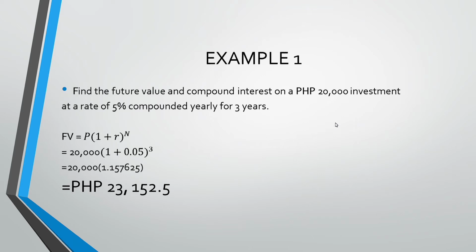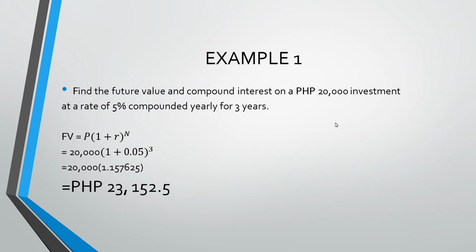So the formula for future value is FV is equal to P multiplied to 1 plus R raised to N. Okay, so the value of P is 20,000 and let's just copy the 1 plus 5% over 1 because 5% is the rate and the year is yearly. Okay, so therefore 5% divided by 1 it's 5%, and convert it into decimal form we will have 0.05 and then raise to 3.